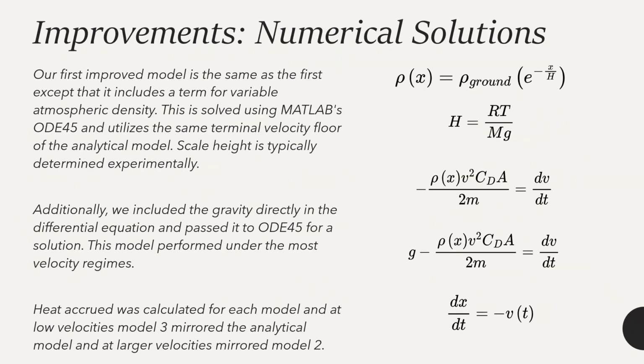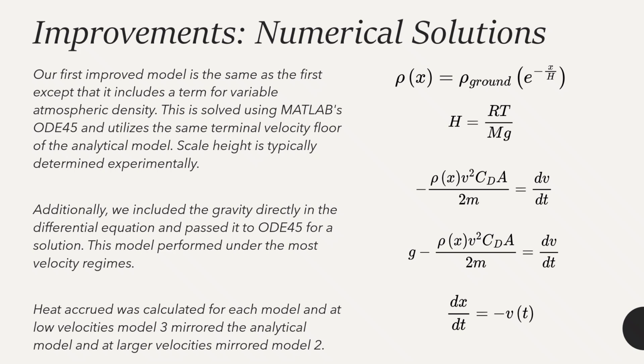Our first improved model is the same as the first except that it includes a term of variable atmospheric density. This is solved using MATLAB's ODE45 and utilizes the same terminal velocity floor of the analytical model. Scale height is typically determined experimentally.